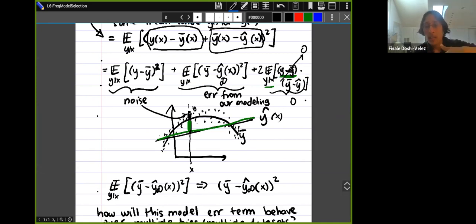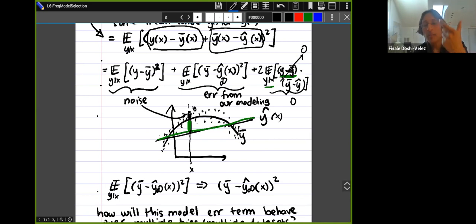And y hat is just a number. Given any x, y hat is a number. There's no noise in that either. So y bar minus y hat here is just a number. The only randomness in this last term is coming from this first y over here.